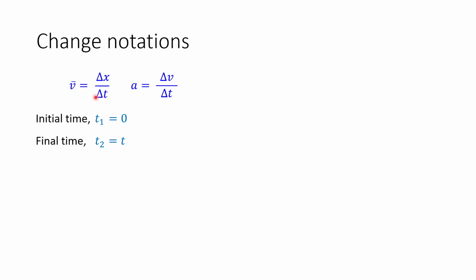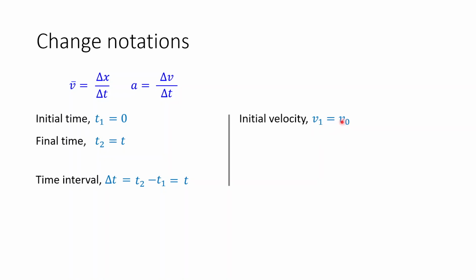So the time interval delta t is equal to t2 minus t1, which is t minus 0. So delta t is equal to t. And we take the initial velocity v1 is equal to v0 and the final velocity v2 is equal to v.